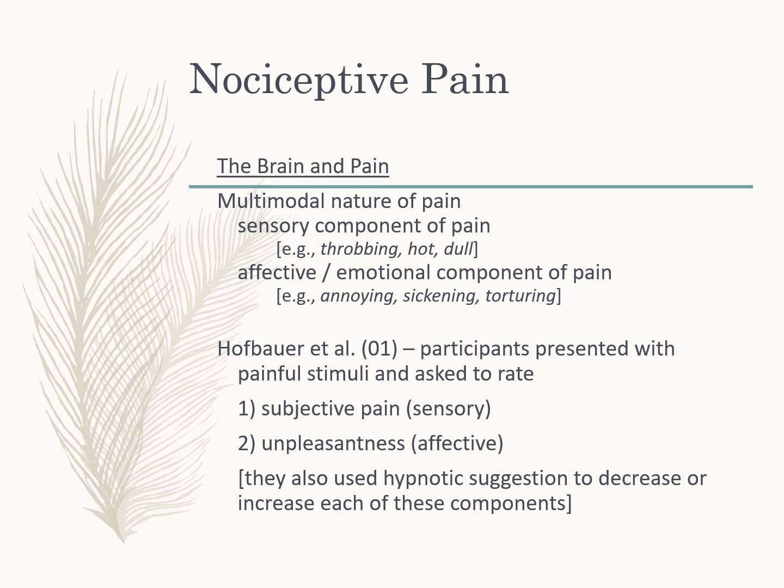Okay. Hochbauer et al. in 2001: participants were presented with painful stimuli and asked to rate both the subjective pain, so the sensory component, as well as the unpleasantness of the pain, so the affective component. They also used hypnotic suggestion to either decrease or increase each of those components.